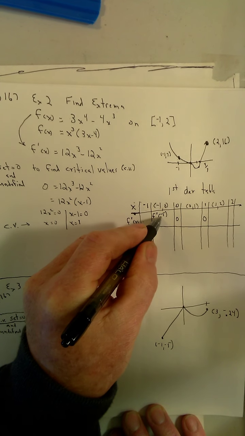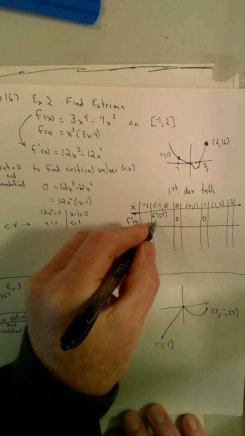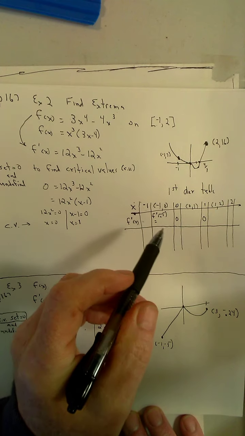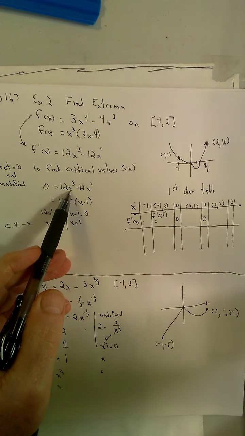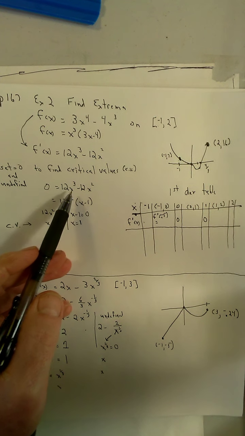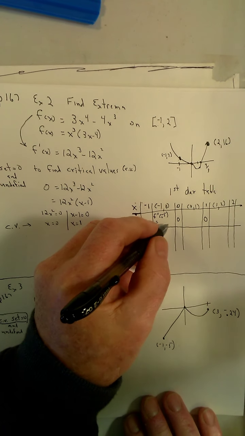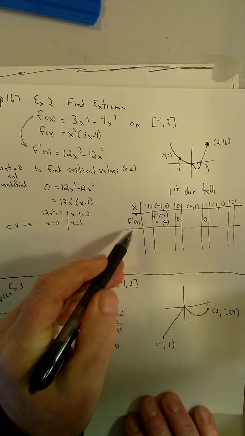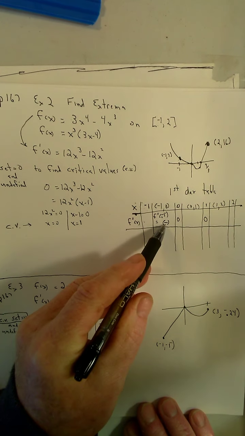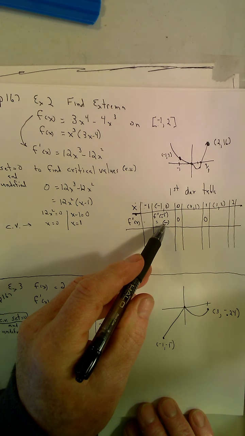The derivative is negative, because if the derivative is negative, that means the slopes of the tangent lines are negative, and lines with negative slope are decreasing. All the tangent lines through here are decreasing. So what I know about the function on this interval from -1 to 0 is that the function is decreasing.